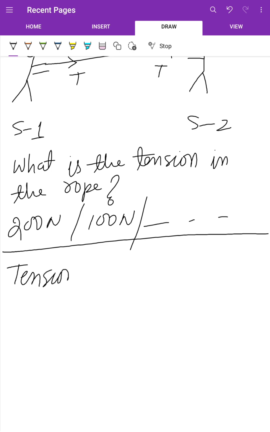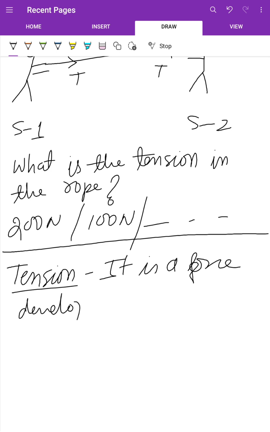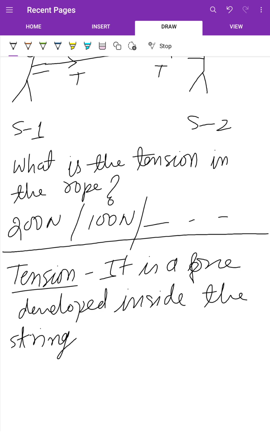So let's understand through a small simple definition. Tension is a force developed inside the string or rope axially.